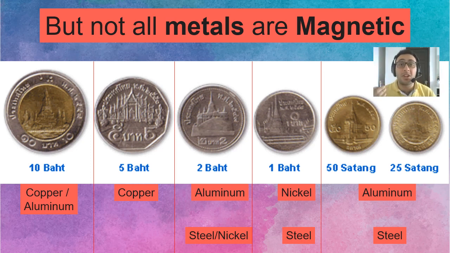No, because copper and aluminum are not magnetic. As you remember, CINS. C is cobalt, I is iron, N is nickel, and S is steel. These are magnetic metals.